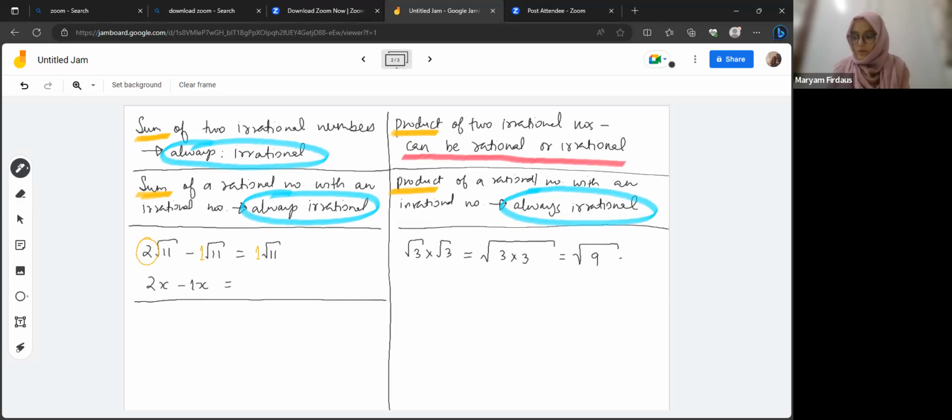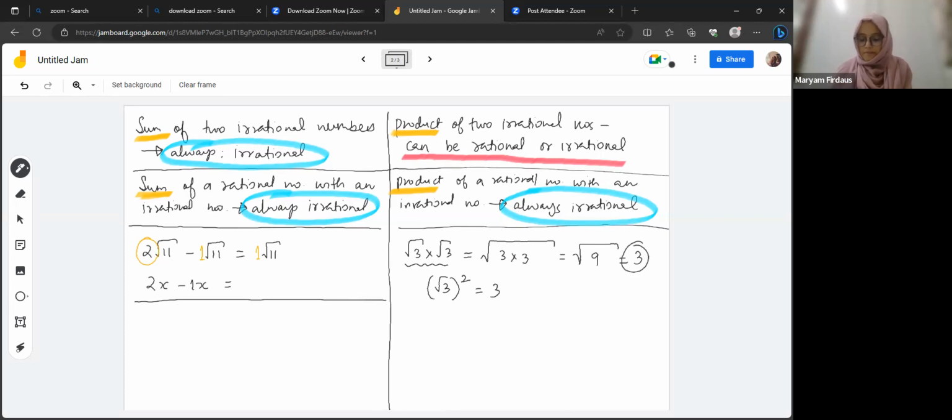And what is root 9? 3. Very good. So that is why we write root 3 multiplied by root 3, or in other words, root 3 square, because when something is being multiplied by itself twice, you write square, right? So that is why we write root 3 square equals 3.